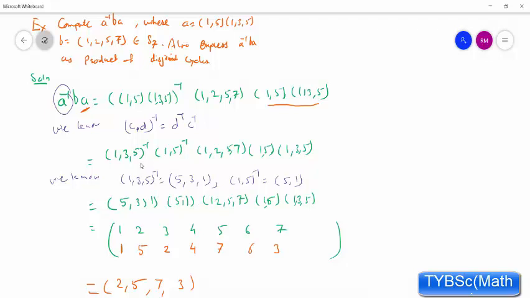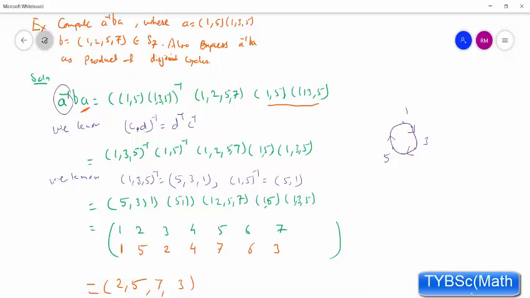And we know the property of the inverse of a cycle. This is a cycle. What is the inverse of a cycle? If you write the cycle in reverse way, you find the inverse. Means 5 goes to 3, 3 goes to 1, and 1 goes to 5 again. If you do not understand neatly, you can consider it like this: this is (1 3 5), 1 goes to 3, 3 goes to 5, the cycle in this direction.